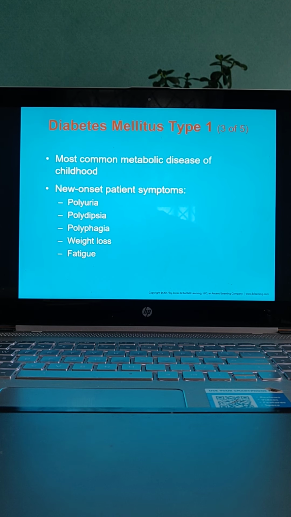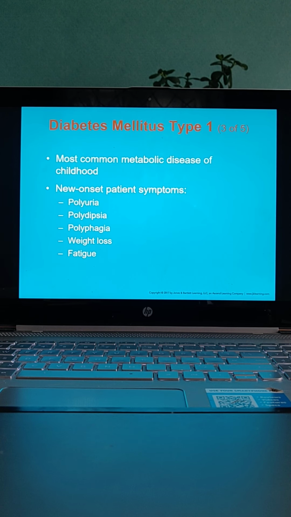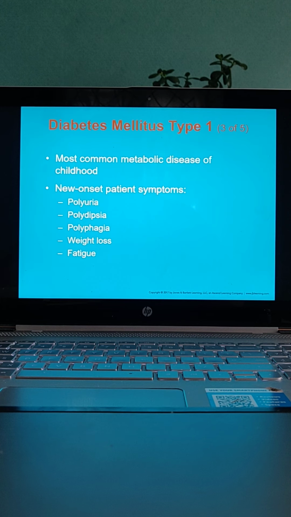When a person has Kussmaul respirations going on, their breath smells very fruity because of the acid waste. We call that diabetic ketoacidosis. That's DKA. D is for Delta, K is for Kevin, A is for Alpha. Diabetic ketoacidosis. Okay?